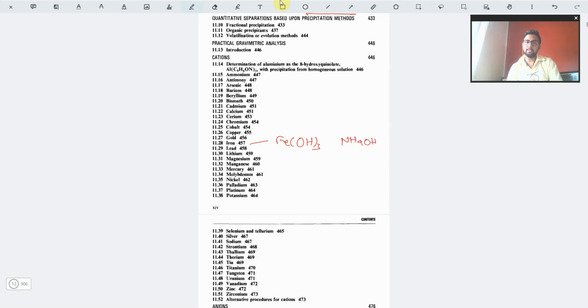Let us say for nickel, where is nickel? Nickel, we use DMG as a precipitating reagent, because nickel forms this Ni(DMG)2 complex, which is very heavy, and as I told you, it is rose red in color. Potassium, we use sodium cobaltinitrate for precipitation.